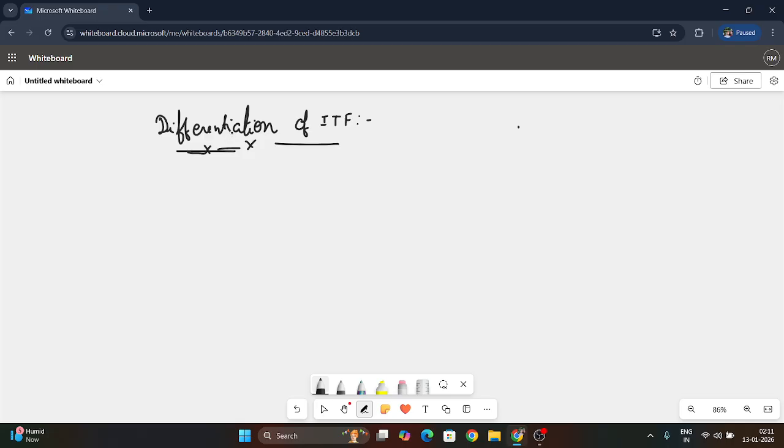For this you should have knowledge of inverse trigonometric functions, and if you don't have, you can tell me, I can make a video on this also. But now I am expecting that you have knowledge of function, limit, continuity, and ITF also. This is very, very important.